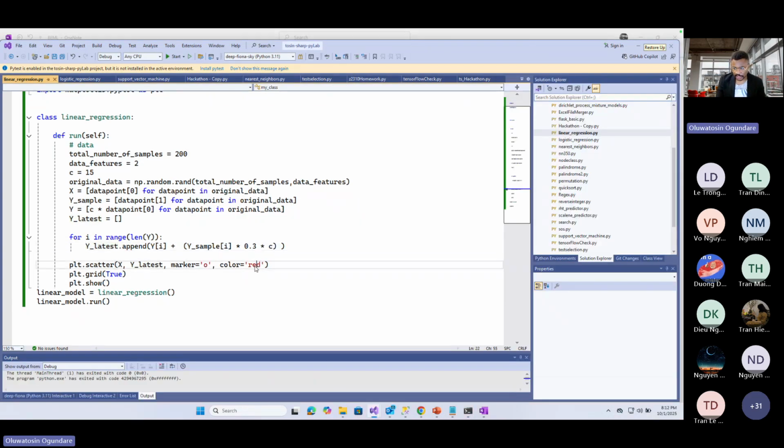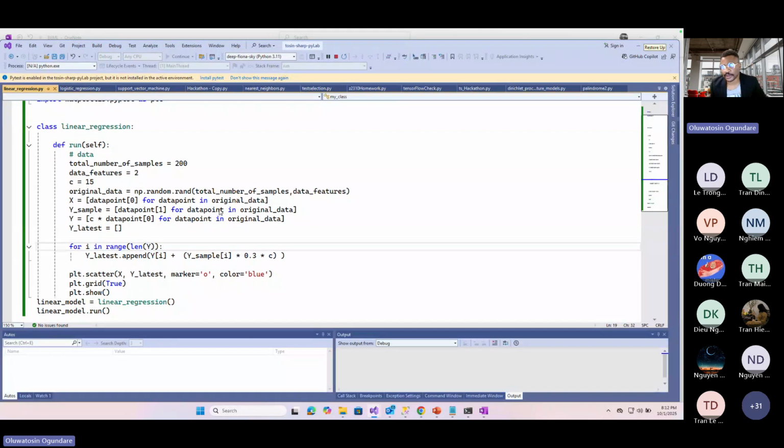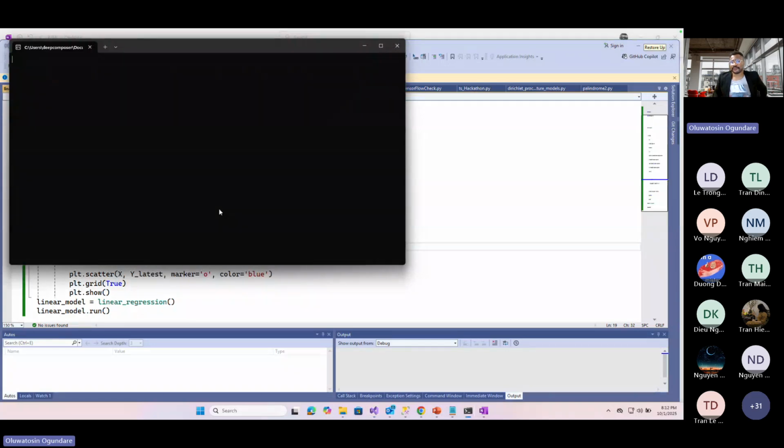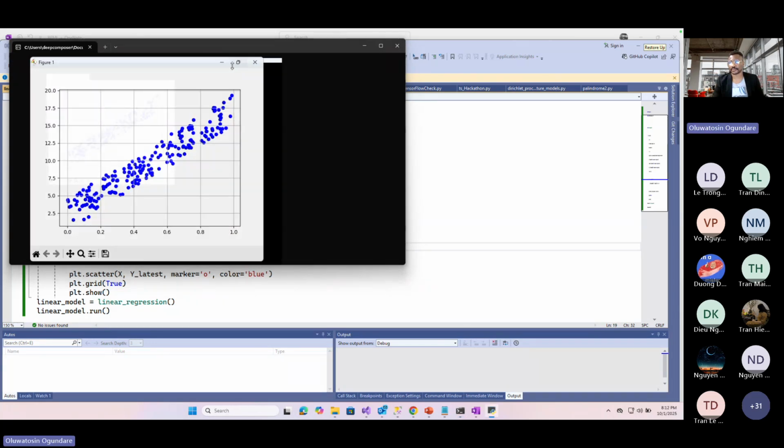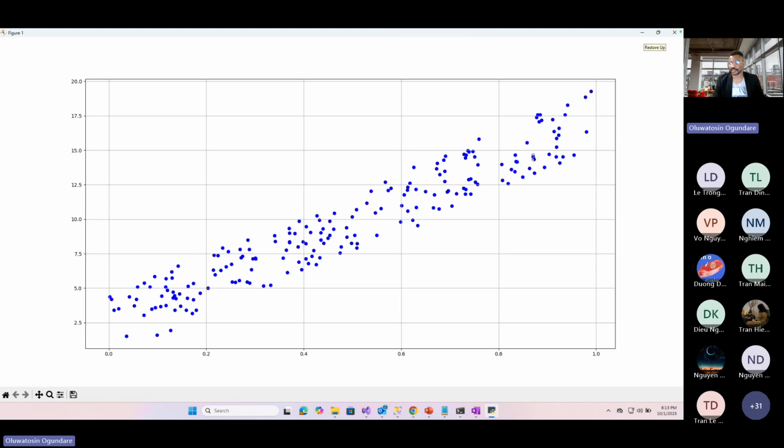Let's make this blue so that now we have this interesting data set that we can feed a line through. Okay, so there we go. Now we have this nice little data set. Our linear regression model should be able to fit a line to this data set. This is what we would like to do.